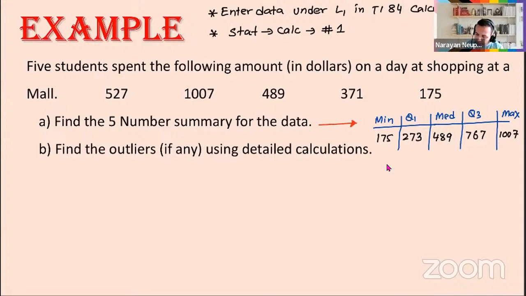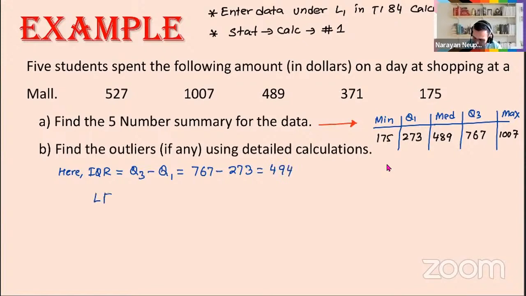So let's begin by calculating the interquartile range, IQR, which is given by the formula Q3 minus Q1, equal to 767 minus 273. If you perform this, you get 494.